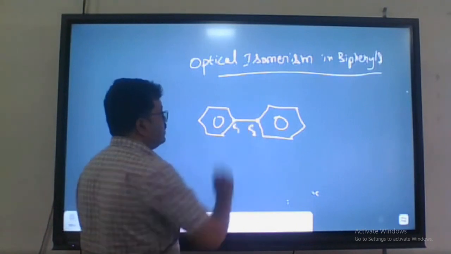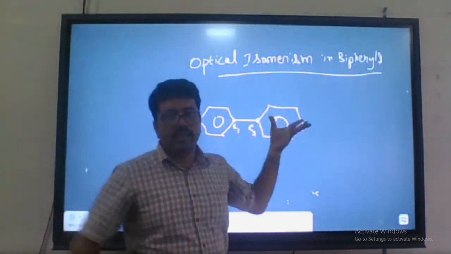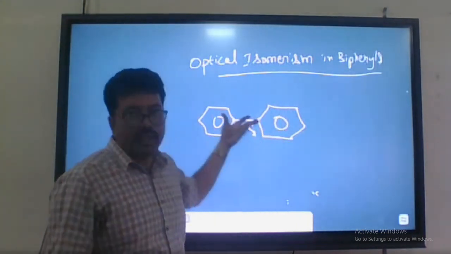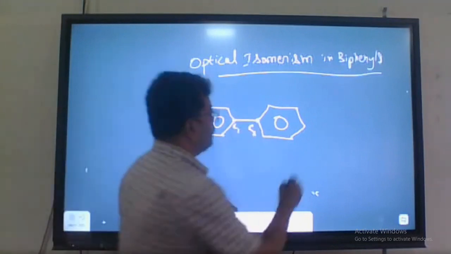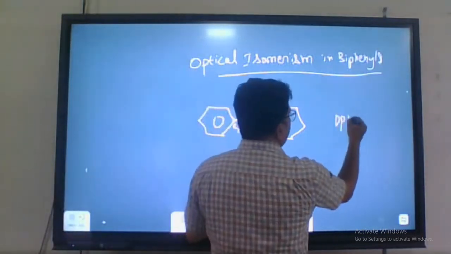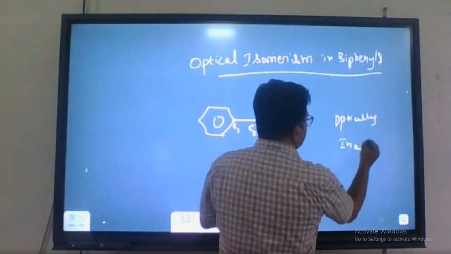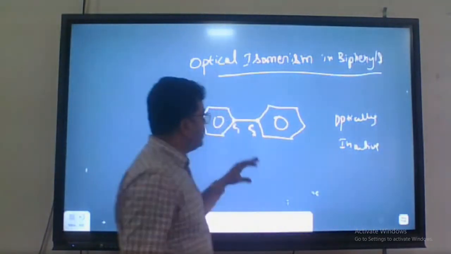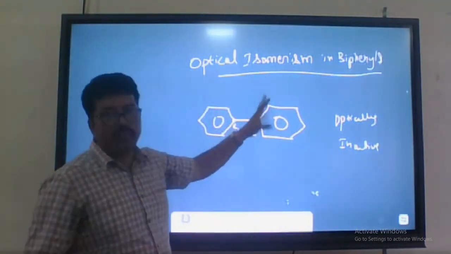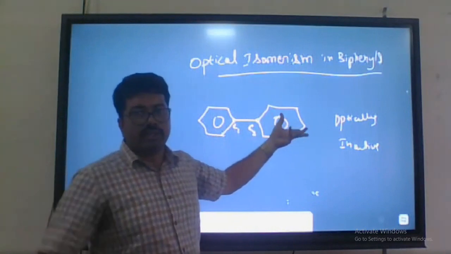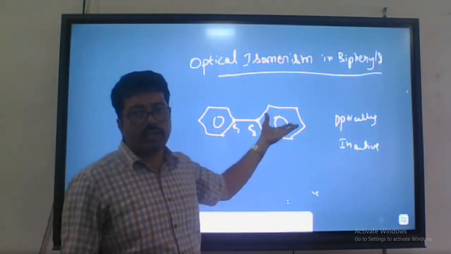Here free rotation is there. Biphenyl is optically inactive because it easily rotates.